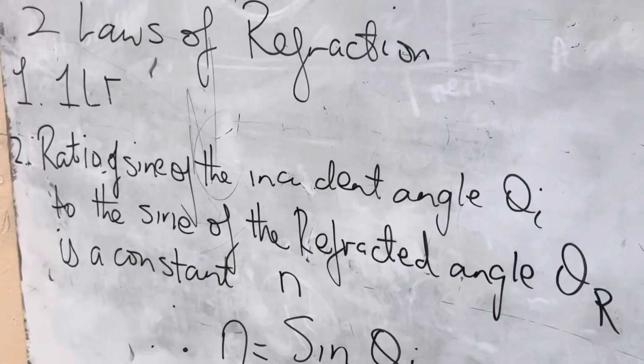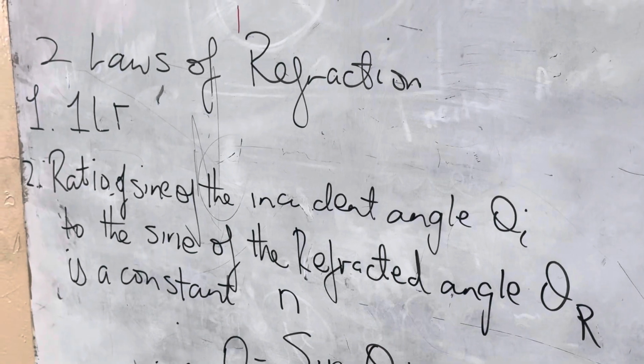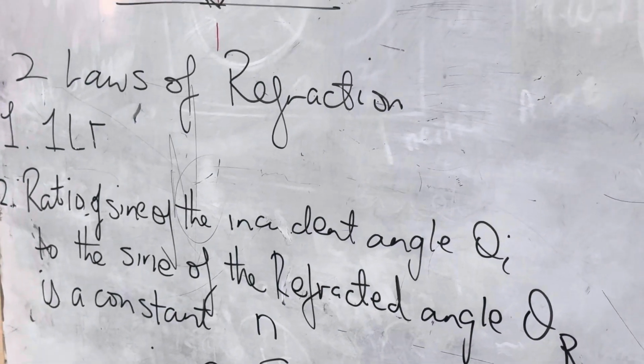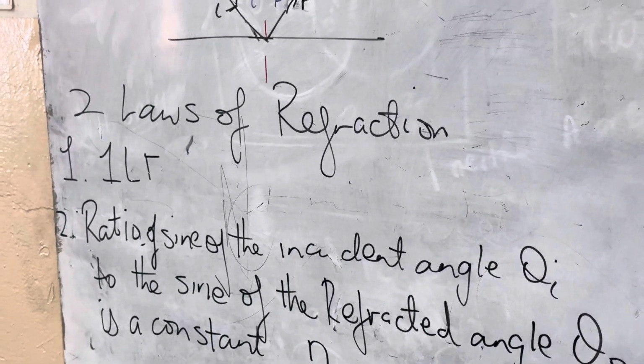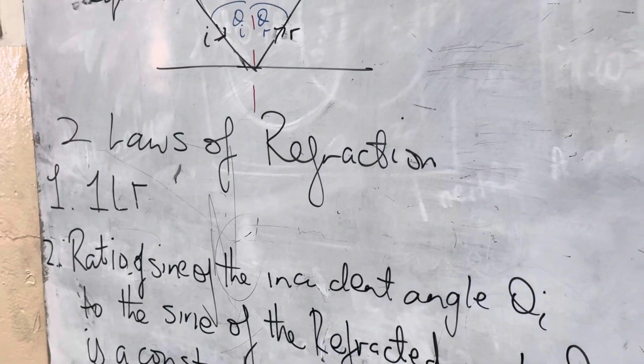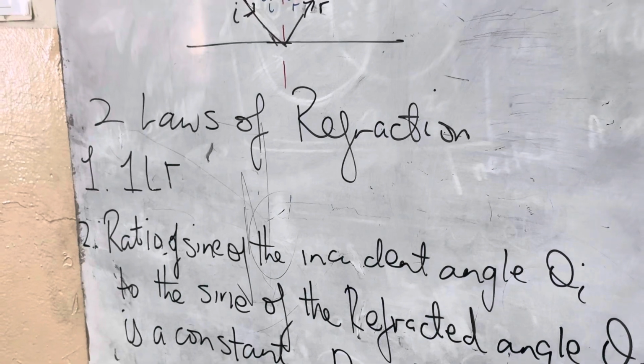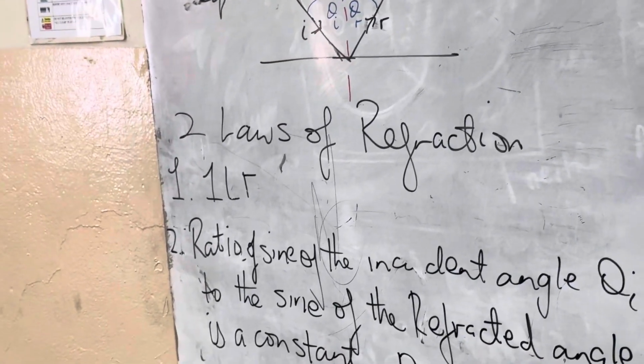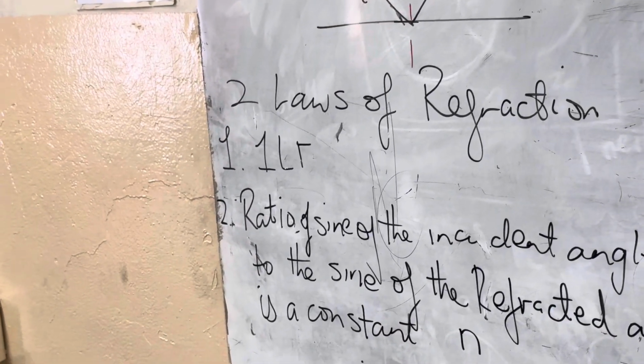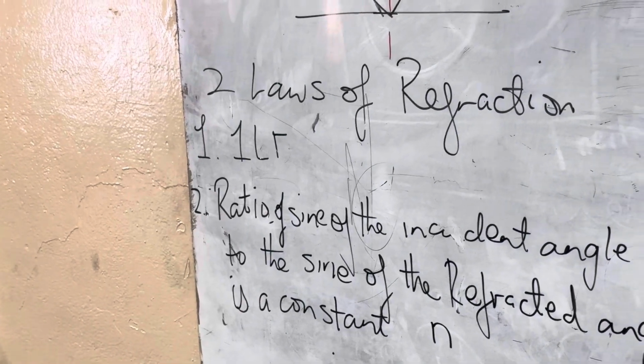So the two laws of refraction. The first law of refraction is the same law from reflection, you repeat it, except you change the word reflected ray to refracted ray, right? Everybody understand that?